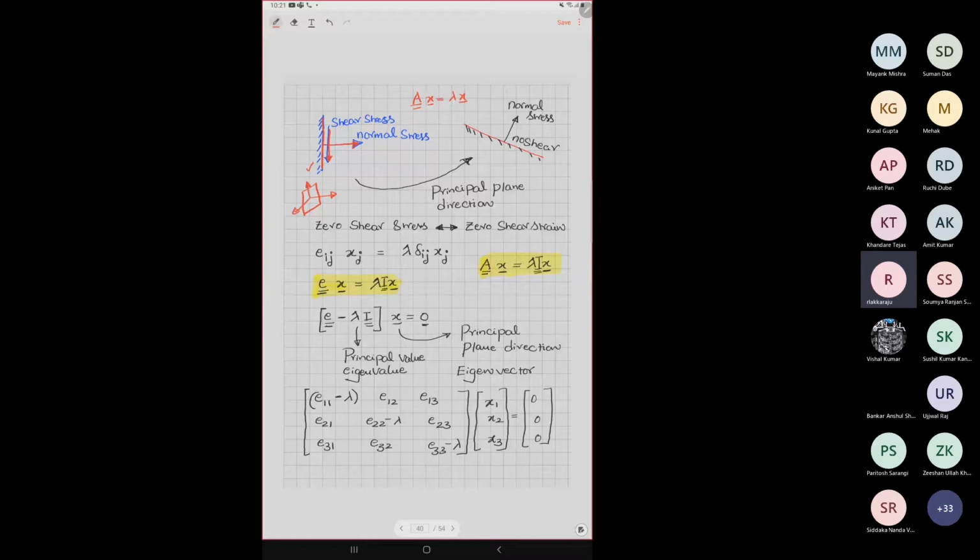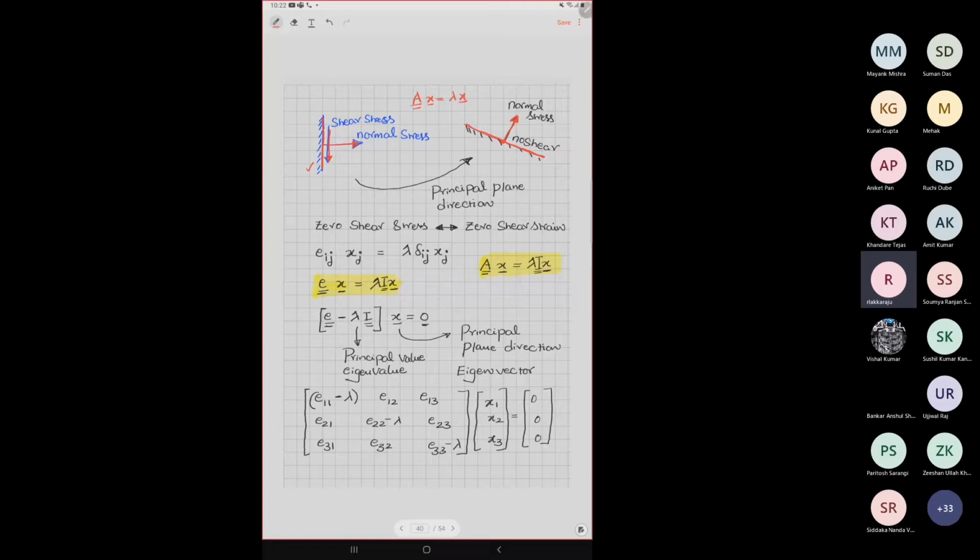Can I really rotate my plane in such a way that I can really see zero shear, but everything mapped onto normal stress? So that my analysis becomes easy to say that yes, material is going to get stretched, material is going to get compressed, material is going to break.